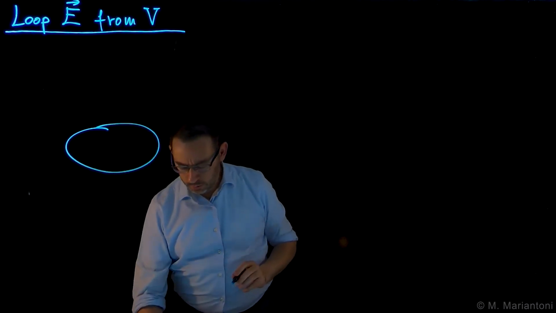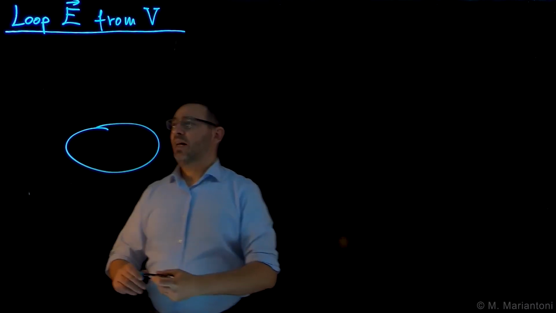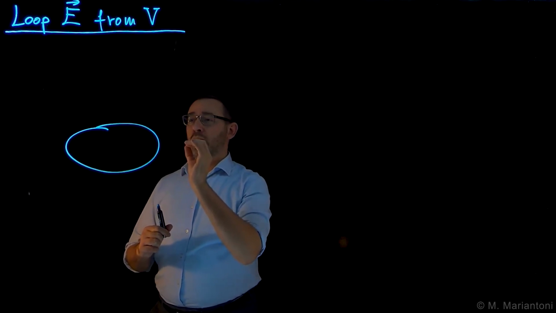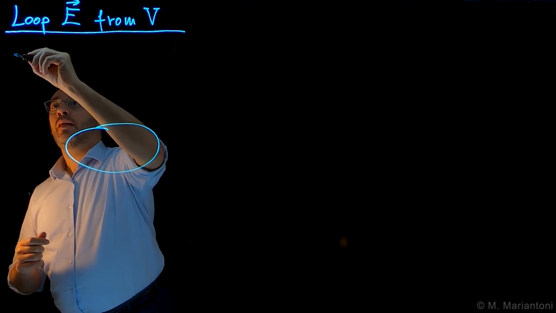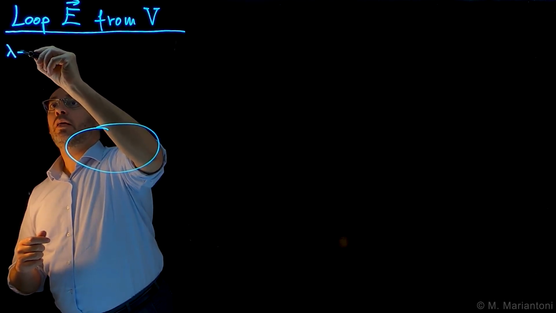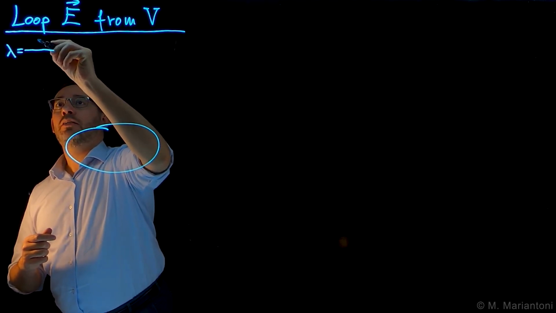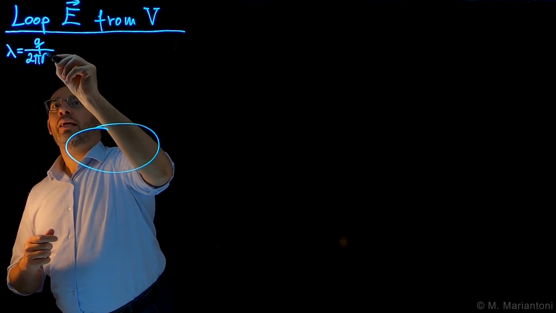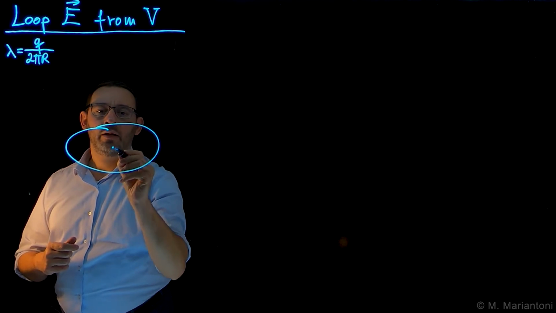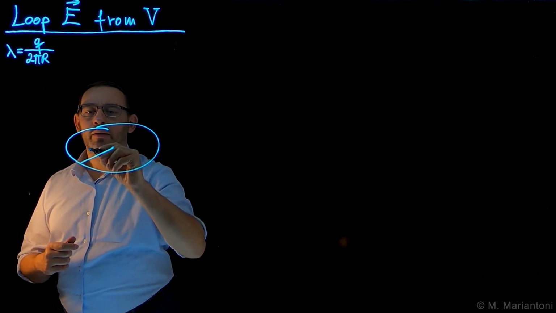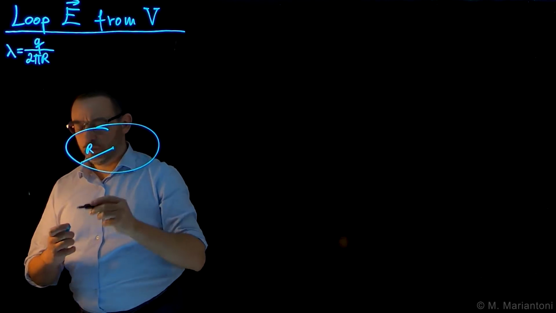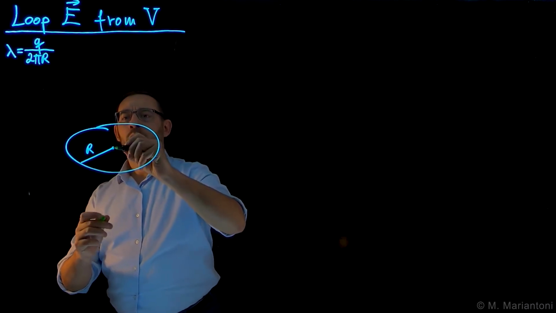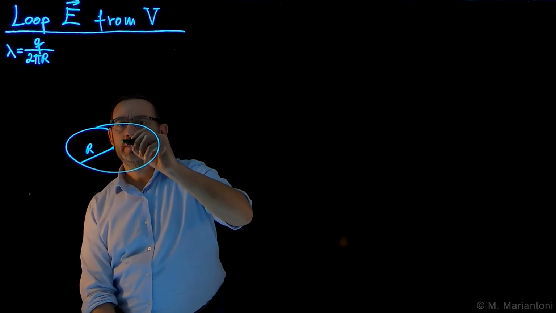This is my loop of charge, which is characterized by a linear charge distribution with constant density lambda equal to the total charge Q over the loop divided by 2 pi capital R, where capital R is the radius of this loop. As always, let us choose a cylindrical coordinate system where this is the z-axis.